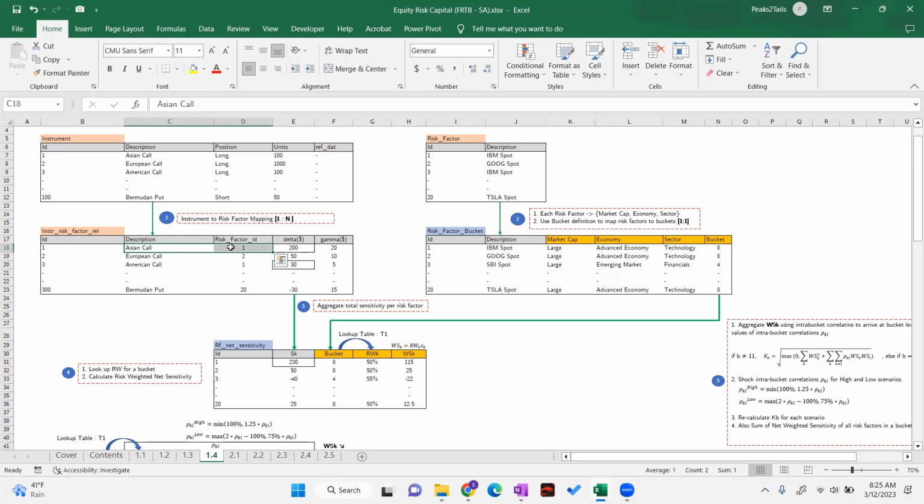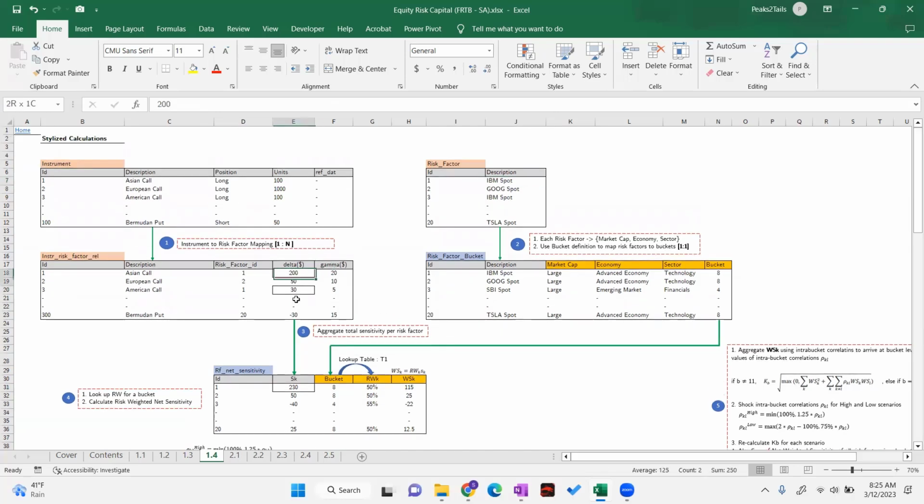With that pair comes the sensitivity. Because you can read it like this. Asian call option has a delta sensitivity of 200 to risk factor 1. All right. American call option has a delta sensitivity of 30 to the same risk factor 1.